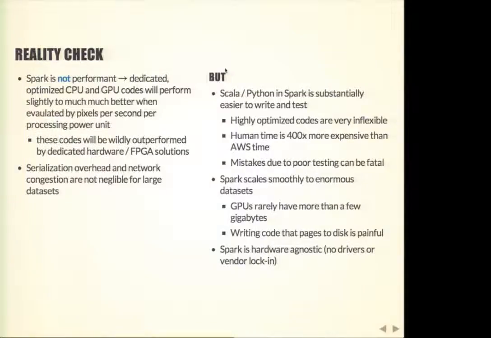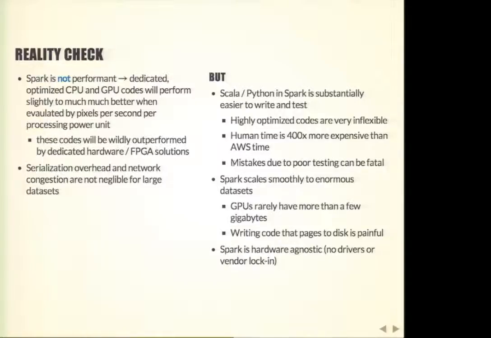But to end on a good note, Scala, Python, and Spark is substantially easier to write and test than any of these CPU or GPU codes. Human time, at least in Switzerland, is 400 times more expensive than AWS time. And so I think that's a very important factor: every extra minute you spend debugging GPU code, you could have had 6 hours on Amazon's cloud.